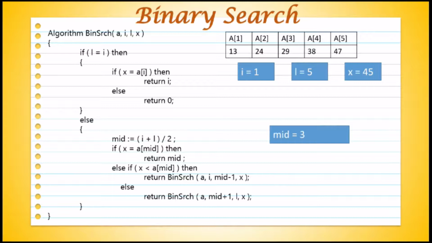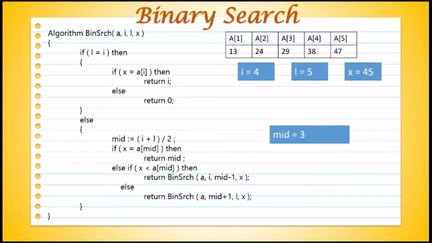In the else part we are recursively calling the bin search function, but we are changing the position of first, that is the position of I. So we are returning A, then mid plus 1, which means 4, and then L. L will remain as it is, and then X, the searching element. So we are changing the value of I and calling the function recursively.